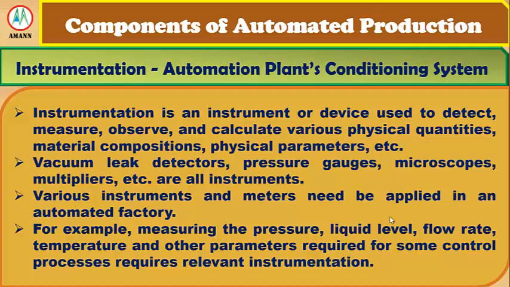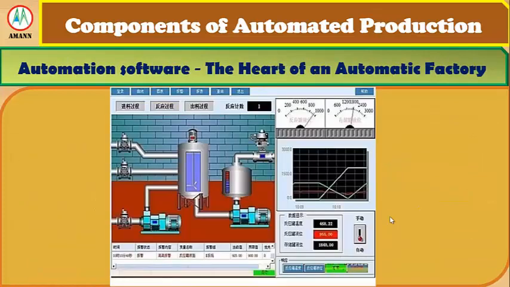Various instruments and meters need to be applied in an automated factory. For example, measuring the pressure, liquid level, flow rate, temperature, and other parameters required for some control processes requires relevant instrumentation.